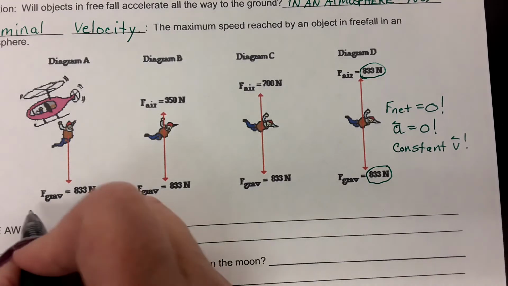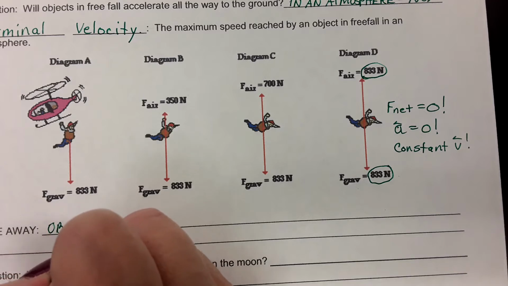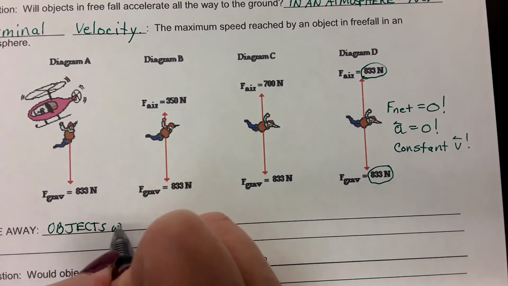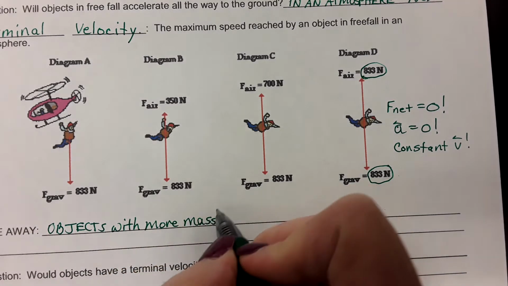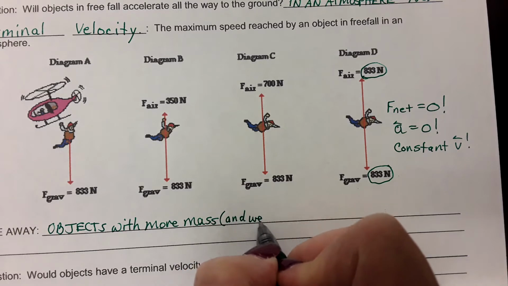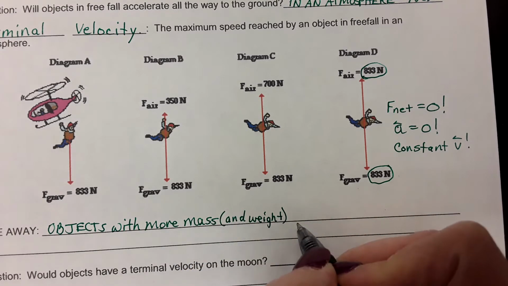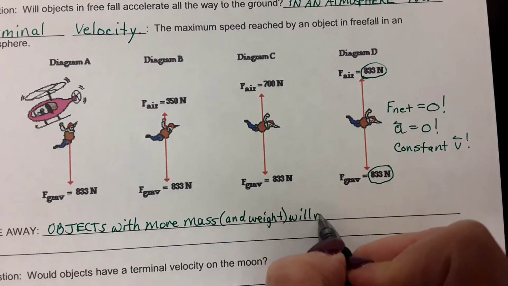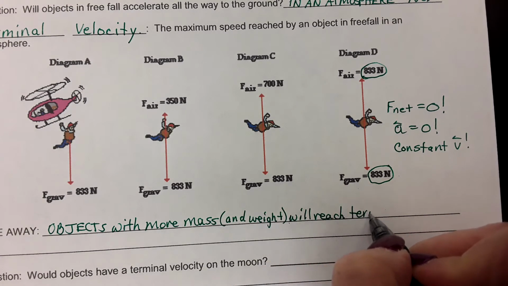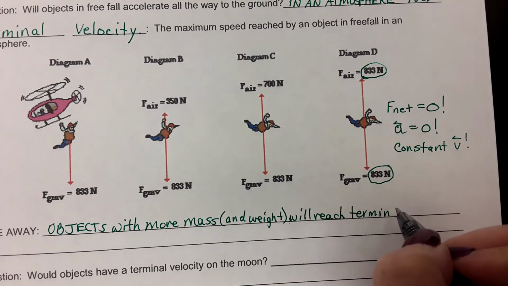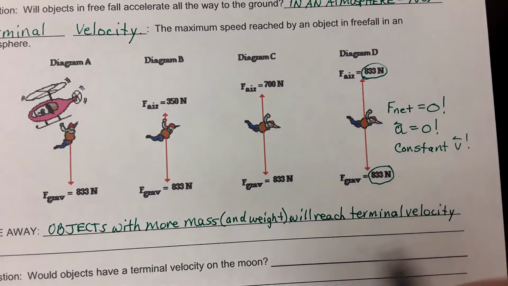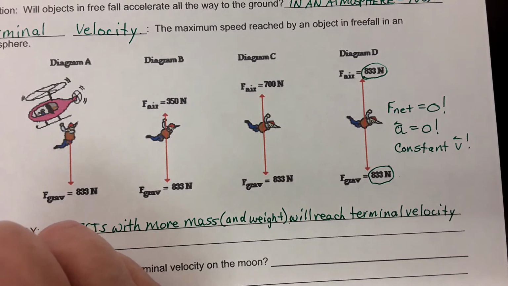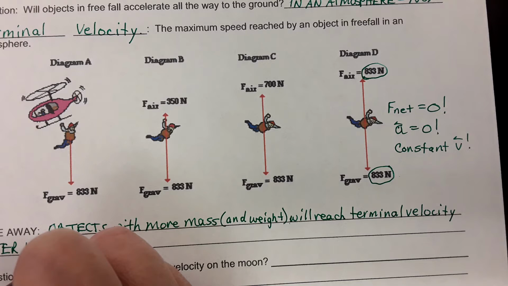Okay? So the takeaway from this would be objects with more mass, that is, and weight. Remember, more mass means more weight, will reach terminal velocity after lighter objects.